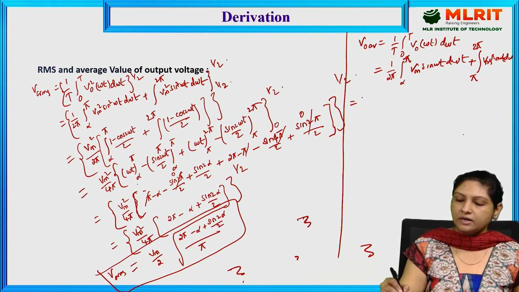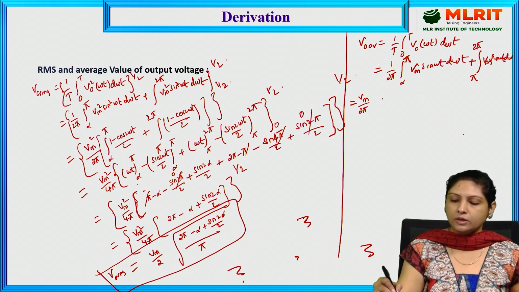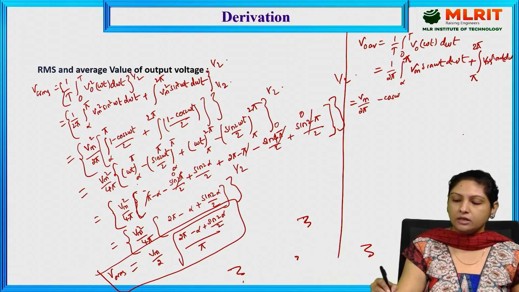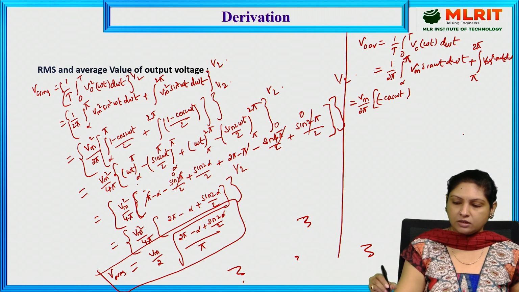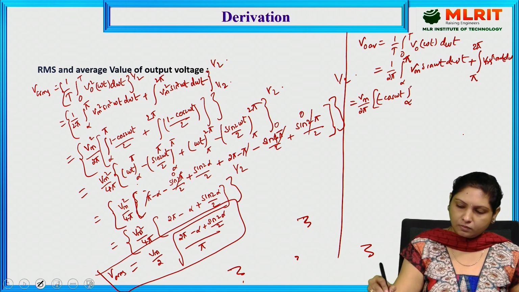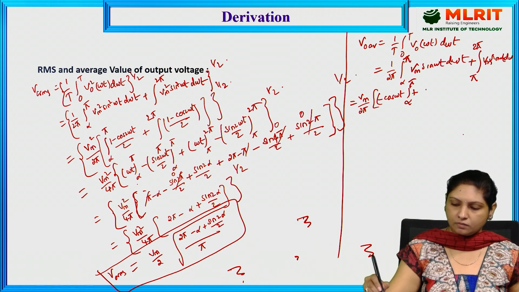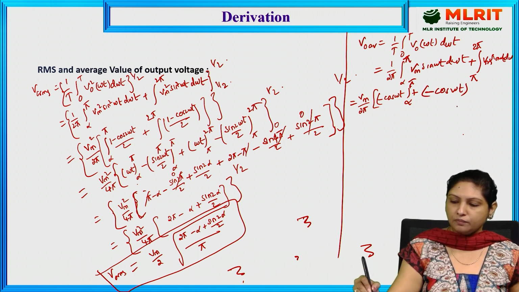So here let us take this constant out, Vm by 2 pi, and integrating sine omega T is minus cos omega T, conducting from alpha to pi, plus it is again minus cos omega T, conducting from pi to 2 pi.